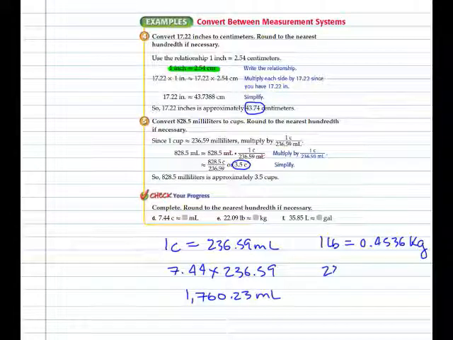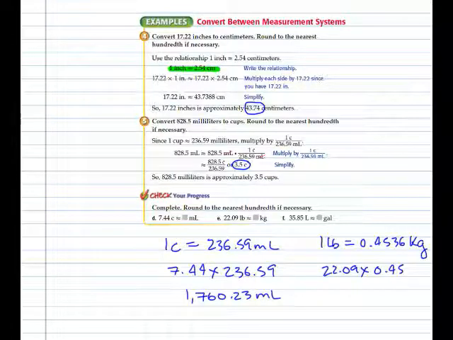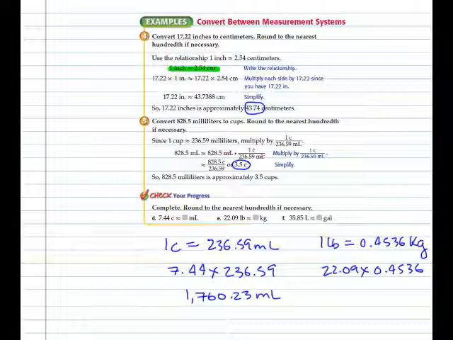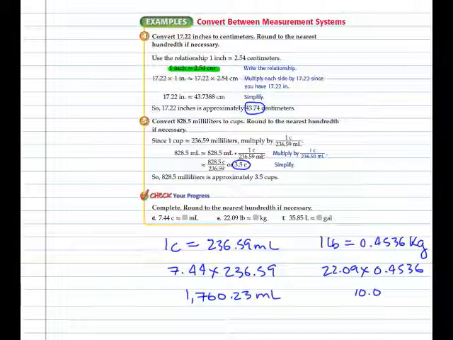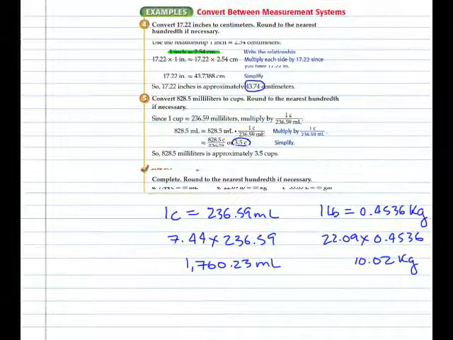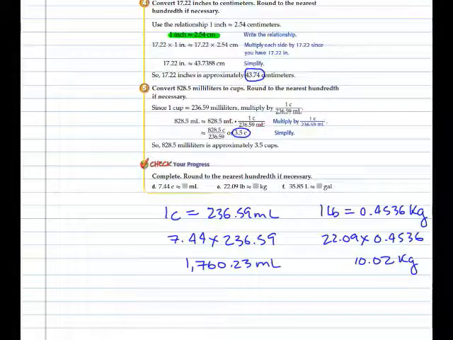Remember what I said, how hard it would be to memorize this? So I'm going to take 22.09 times 0.4536, and my result is going to be 10.02 kilograms, and again that's rounded to the nearest hundredth.